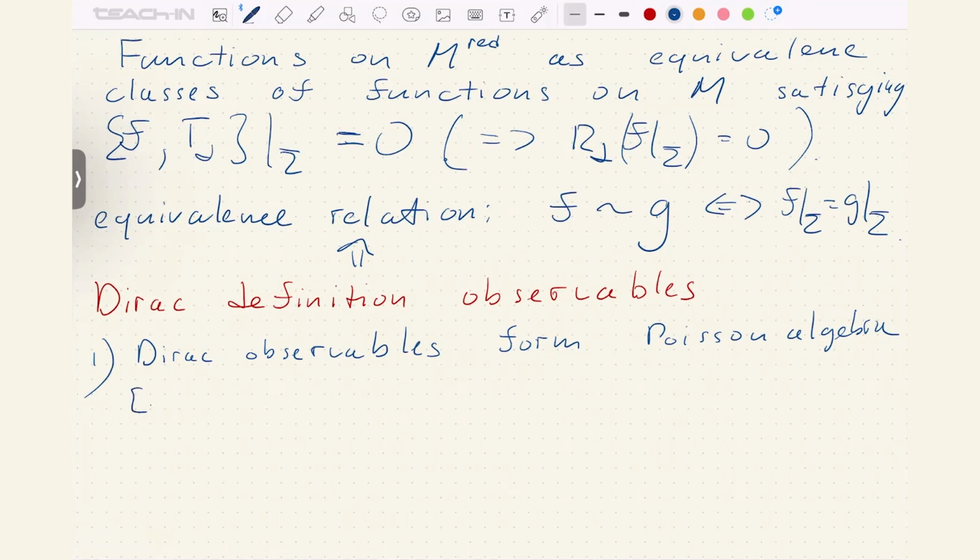So we take multiplication of the two to be an equivalence class of their multiplication, and this is consistent. So this is well defined. Why it is well defined?